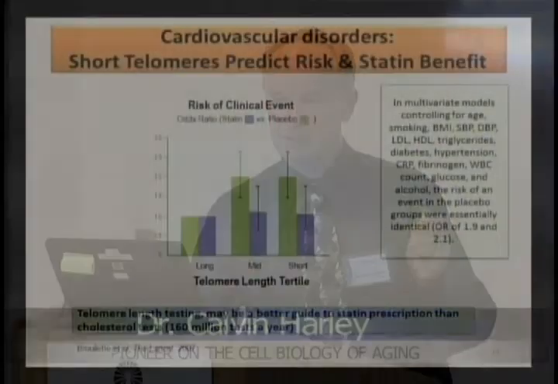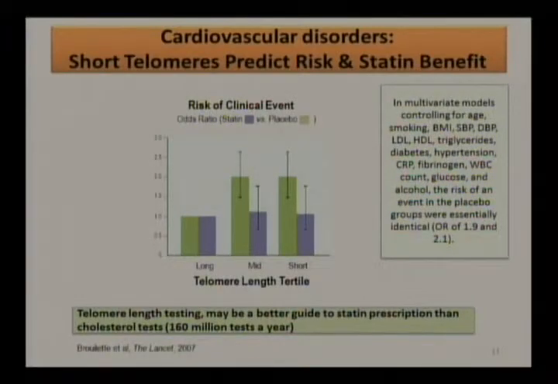So interestingly, in this study, it was statins that were impacting telomere biology, and individuals with short telomeres responded much better to statins, which appear to have a protective effect on telomeres.